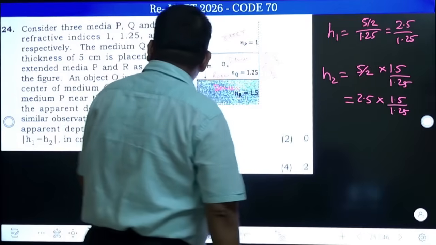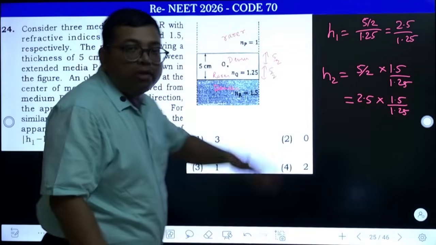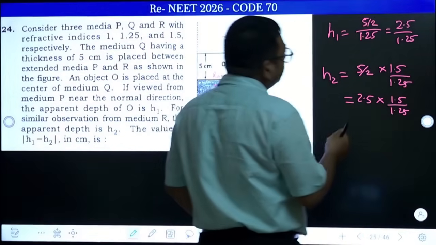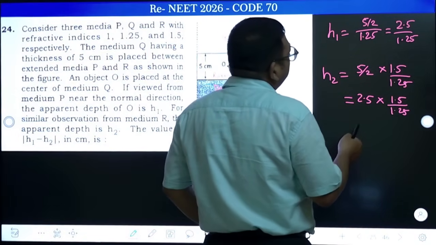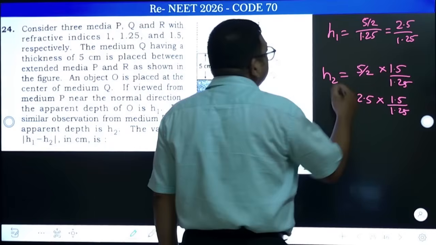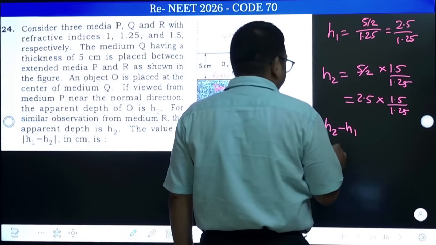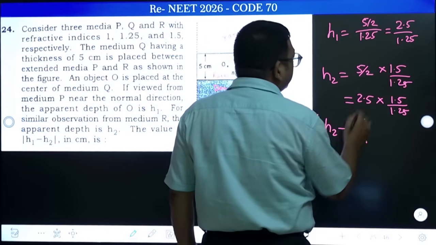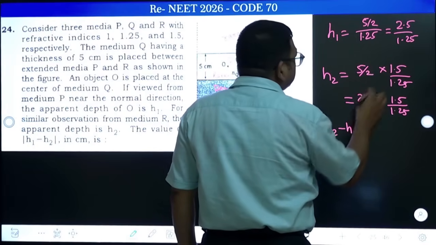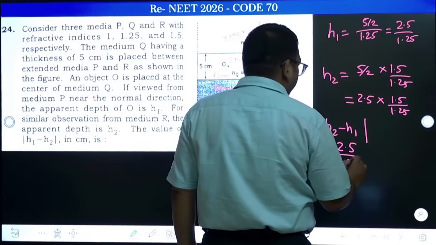Now take what they are asking, the value of mod h1 minus h2. Mod means we need to subtract and then take. So you find out which will be bigger. Definitely this is bigger. So you take h2 minus h1, you calculate. Mod. So when you take h2 minus h1, this factor I will take common. 2.5 by 1.25.